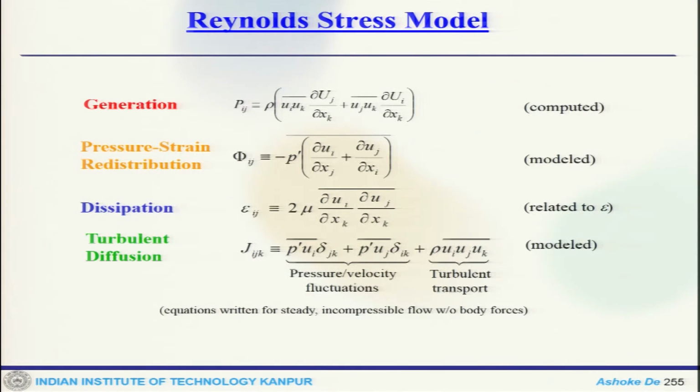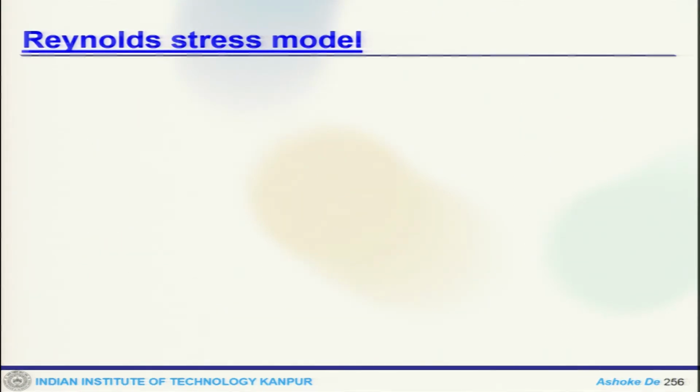So, these are the terms associated with that. This is the generation term, the turbulence generation is given like that, this is the pressure strain term, this is dissipation, and this is the diffusion term. Again, this is based on Reynolds averaging.